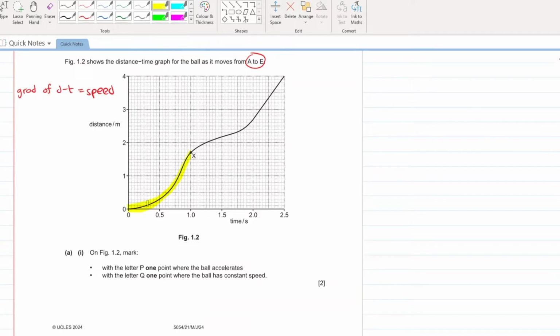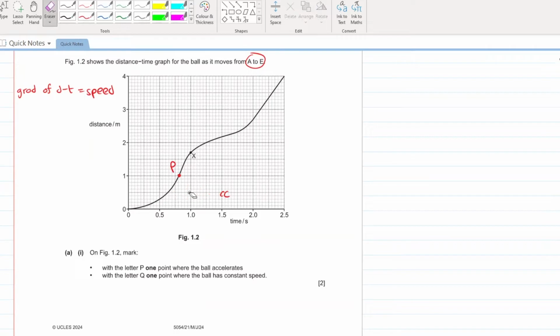Here the gradient is increasing. If the gradient here is increasing, that means the speed here is increasing. That means we have acceleration in this region. So we can mark any point in this yellow highlighted region. Let me mark this point as my point P.